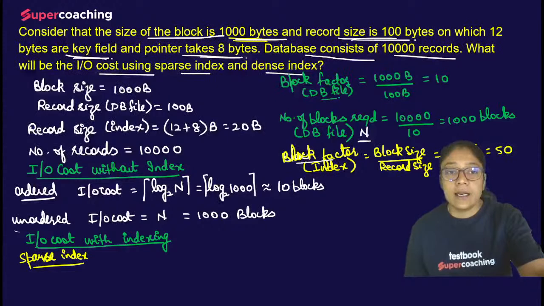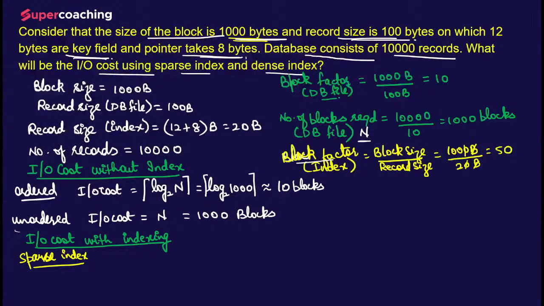Guys, is it clear till here? So in sparse index, how many entries are there in a file? Hurry up. What is the number of entries in the file?